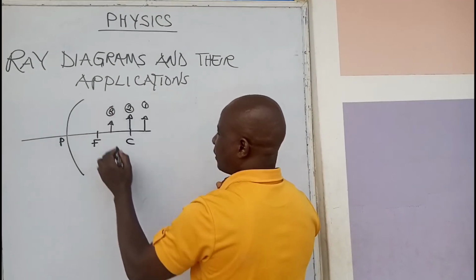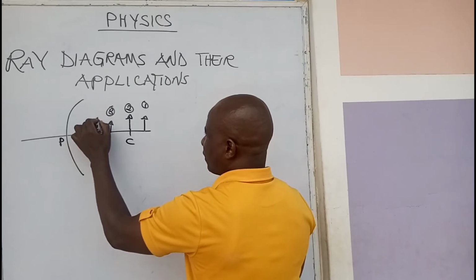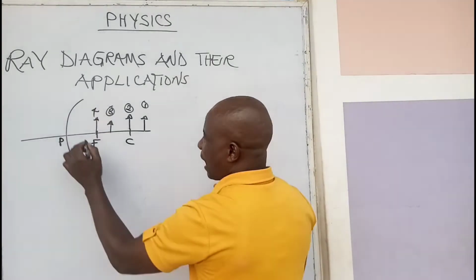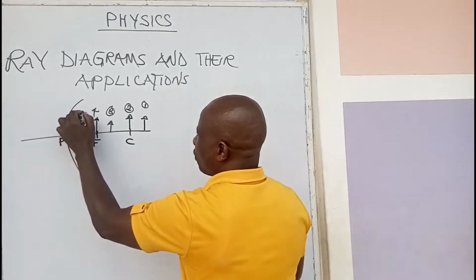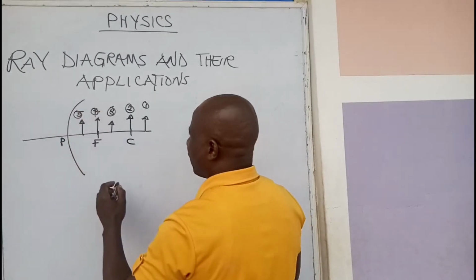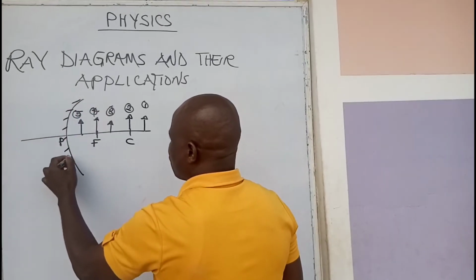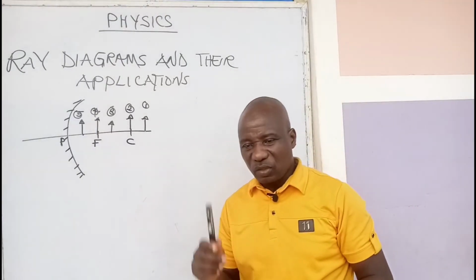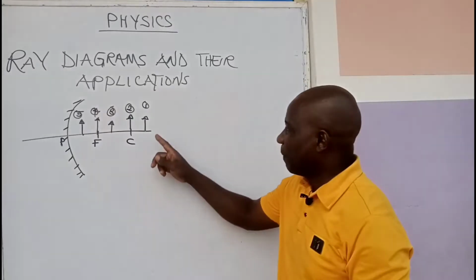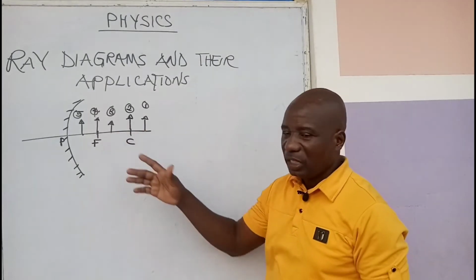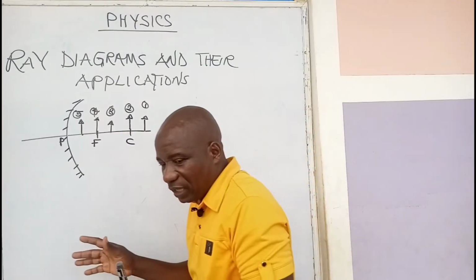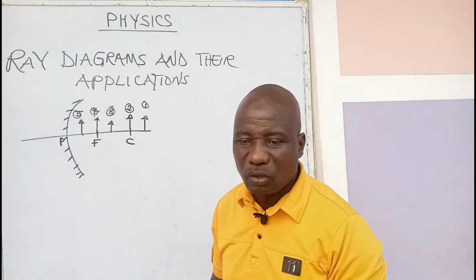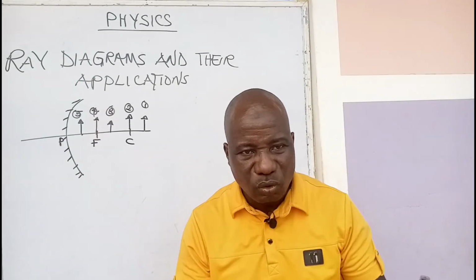This is three. I can place one here. This is four. And of course, I can place one here, which is 5. So you can now see I have 5 different positions by which an object could be placed. If I place it 1, 2, 3, it's just that I'm moving very close to the mirror.